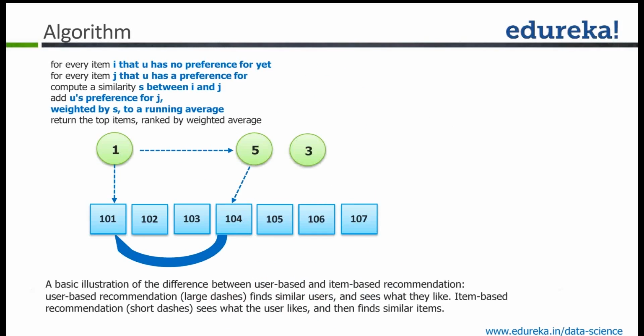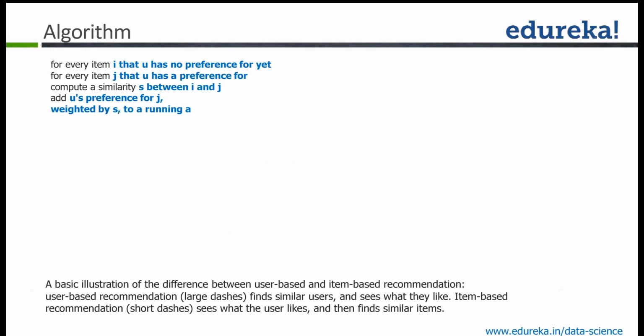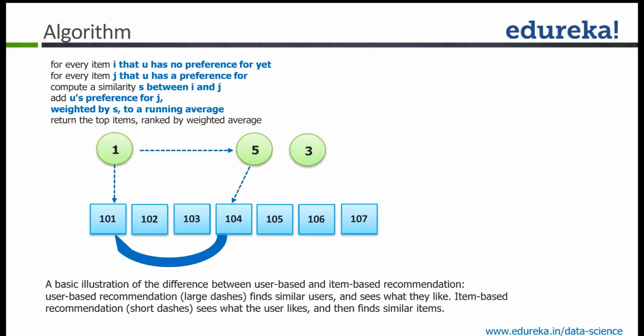This one tells you a little more detail about how an item-based recommendation would look. Here we want to recommend certain items to a particular user U. The way it works is for every item I for which user U has no preference yet.